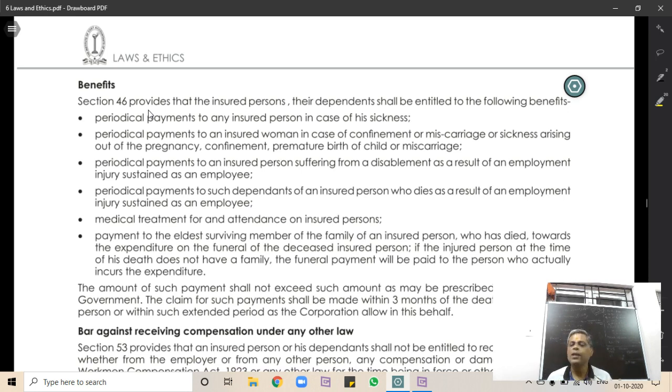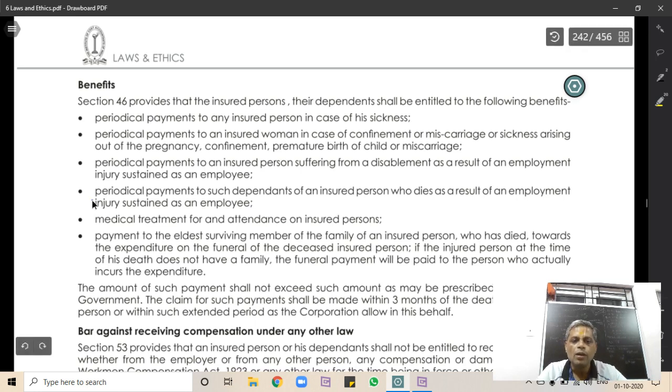So periodical payment to any insured person in case of sickness, and periodical payments to an insured woman in case of confinement or miscarriage or sickness arising out of pregnancy. Periodical payment to an insured person suffering from a disablement as a result of an employment injury sustained as an employee. If an employee is suffering from a disablement caused out of employment, then periodical payments can be made as a benefit.